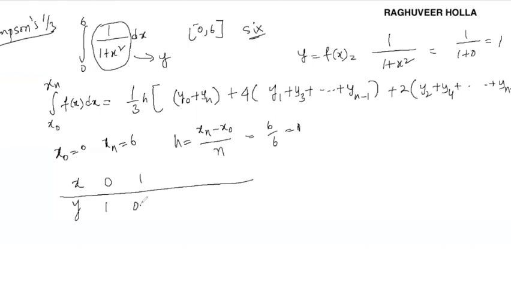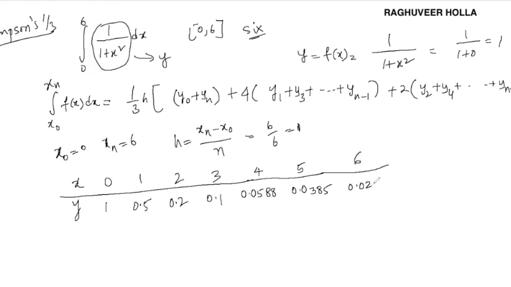For 1, it is 0.5; for 2, it is 0.2; for 3, it is 0.1; for 4, it is 0.0588; for 5, it is 0.0385; and for 6, it is 0.027.